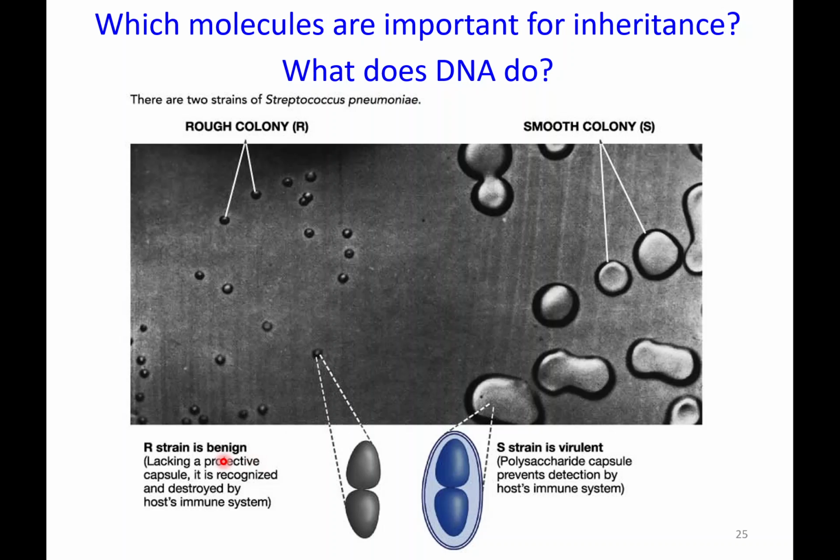It doesn't cause an infection. It lacks the protective capsule around it, so it's recognized very easily by the host immune system and destroyed. And the S strain is the one that's virulent. It has this polysaccharide capsule around it that prevents immune detection.